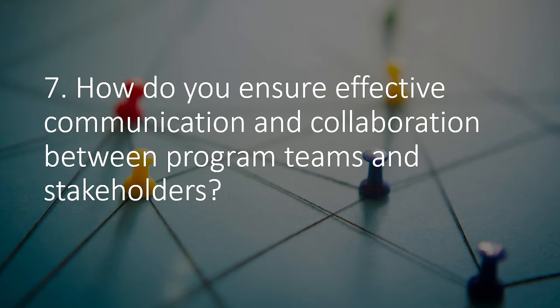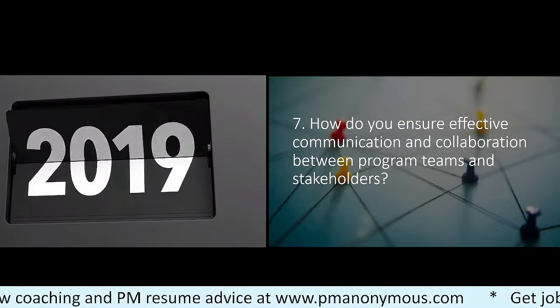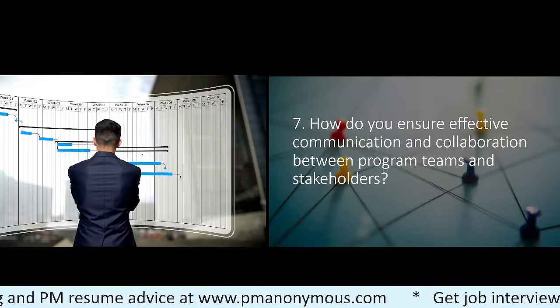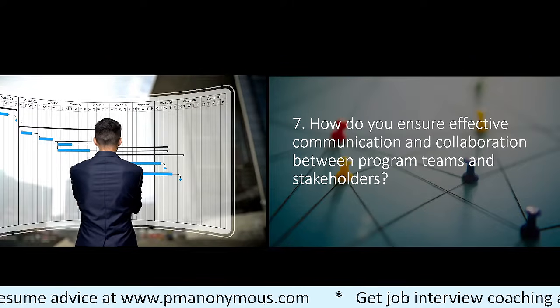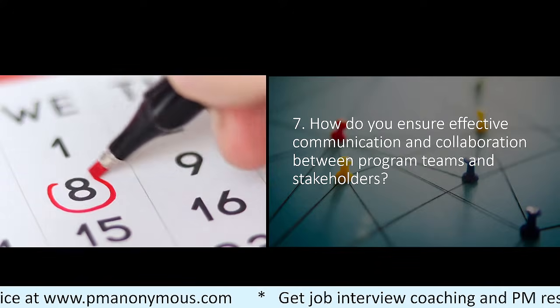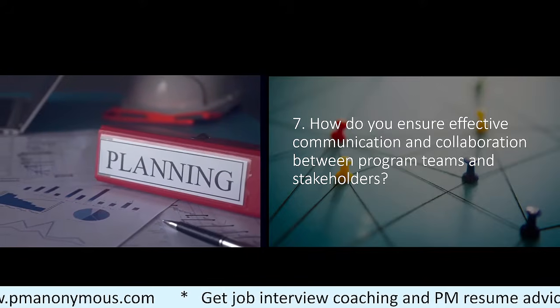Let's move on to number 7. How do you ensure effective communication and collaboration between program teams and stakeholders? You could answer the question like this. I believe that clear and regular communication is key to effective collaboration and program success.